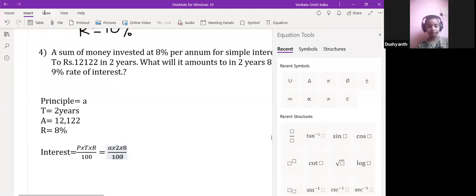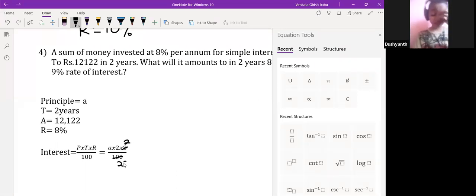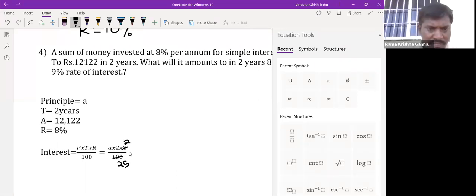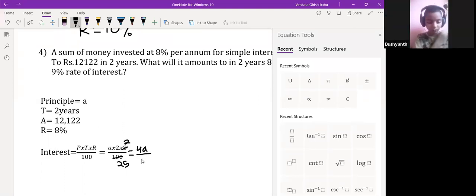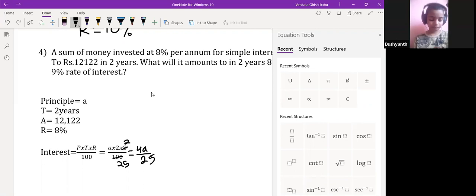Cancel that: 4 twos are 8, and 4 by 25. That is the interest value, 4A by 25.